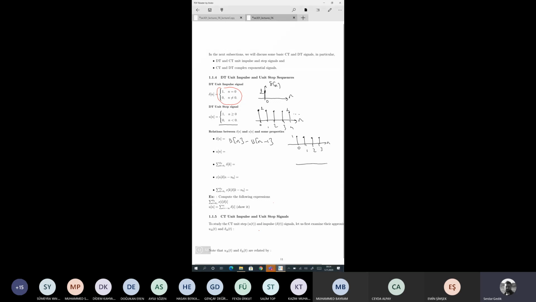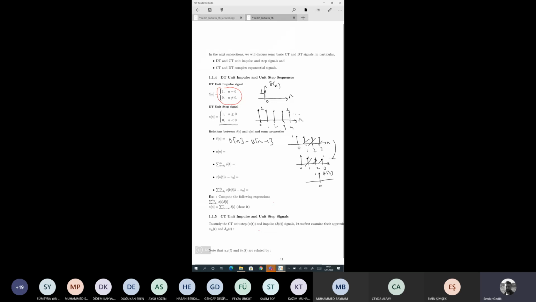It is shifted to the right by 1 unit, right? So this is 1, this is 2. These are all 1, by the way. 3. It goes on like this. If I subtract the lower one from the upper one, what do I have? Those cancel, right? So I simply have this impulse of n.